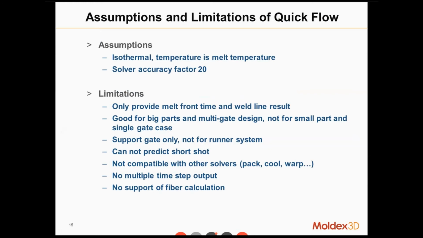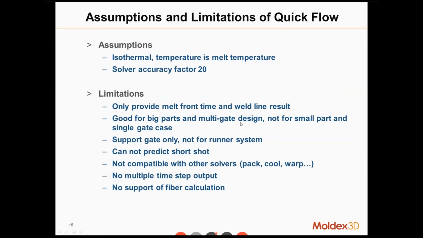But even with this very good tool, we still have some assumptions and limitations about this function. For the assumption, the material is isothermal, and the temperature is the melt temperature. For the limitation, we only provide the melt front type result and the weld line result. So it means that we can just use that to predict the suitable weld line position. Okay.